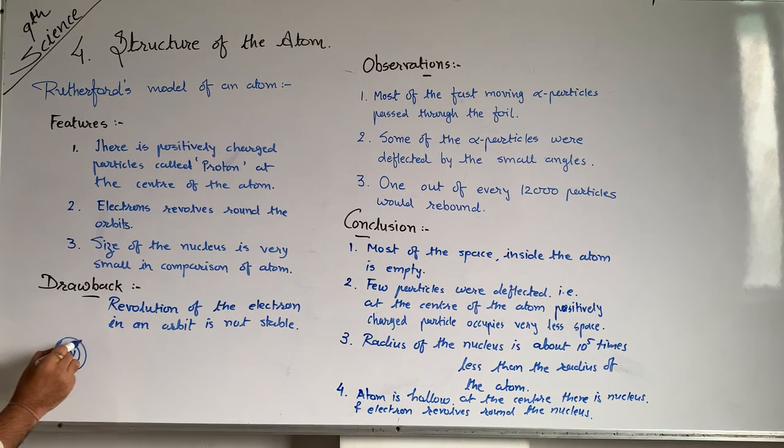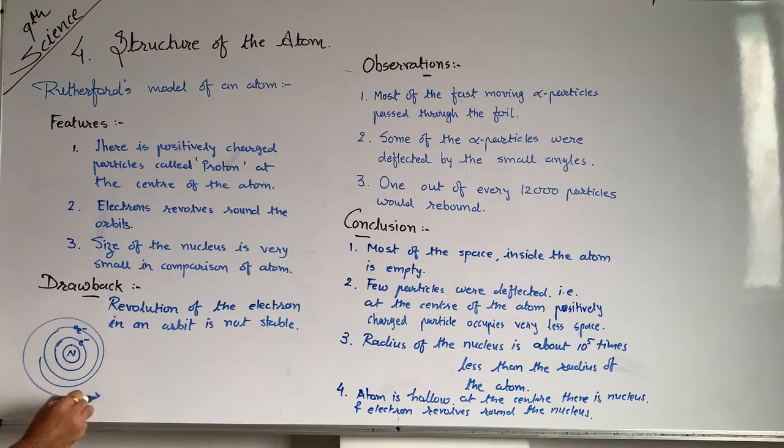He said that when the electron revolves in a circular manner, then slowly, gradually, it moves away from the orbit because it radiates energy continuously. When the electron revolves in the orbit, it produces acceleration.